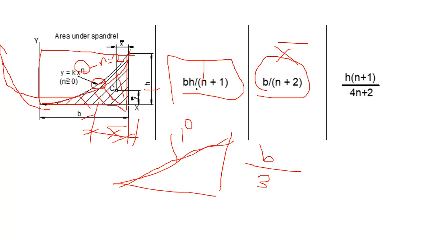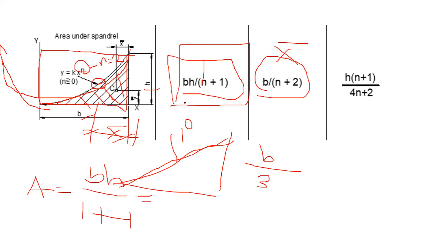For area, n plus 1 becomes 1 plus 1, so the area of a triangle is bh over 2, or 1/2 bh. That's the area of a triangle, coming from this formula. Just to show you how to use the degree.